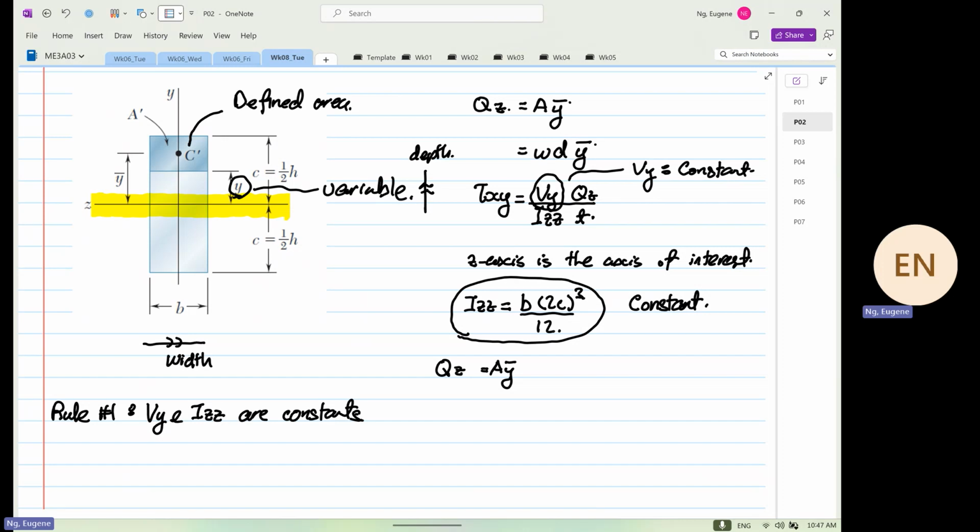Whatever formula you put in later on, what is going to be constant is your Vy and your Izz. Qz is the confusing one. So now, Qz, we know, is going to be a function of Y.